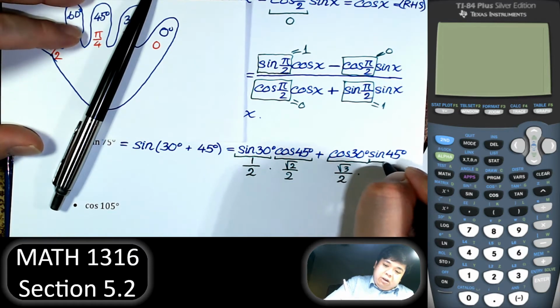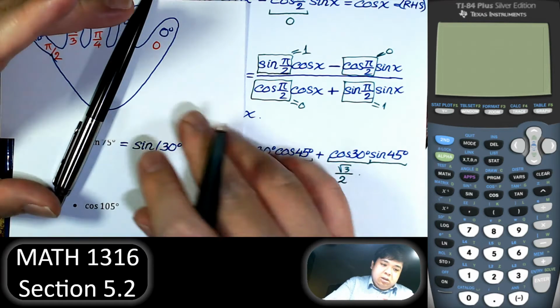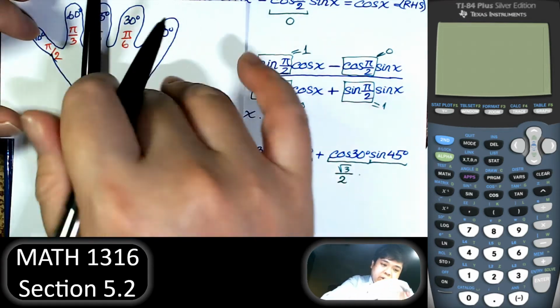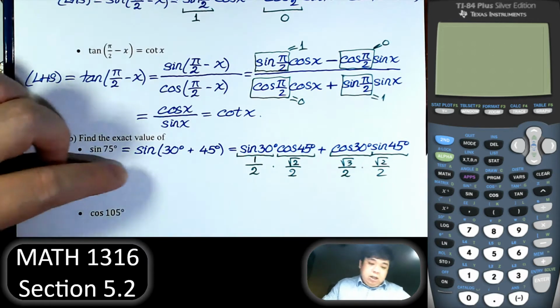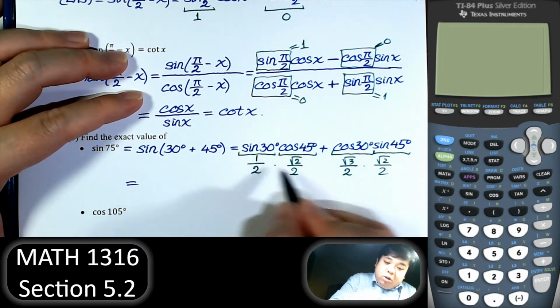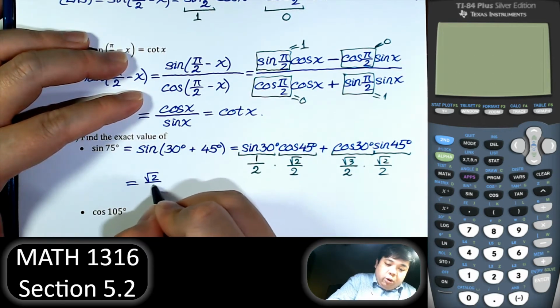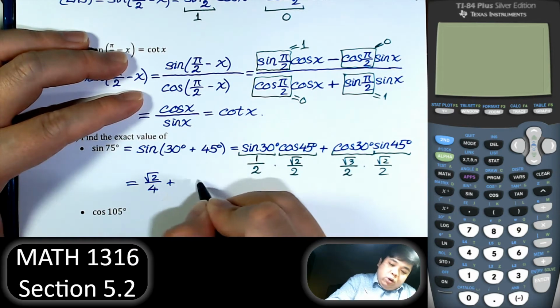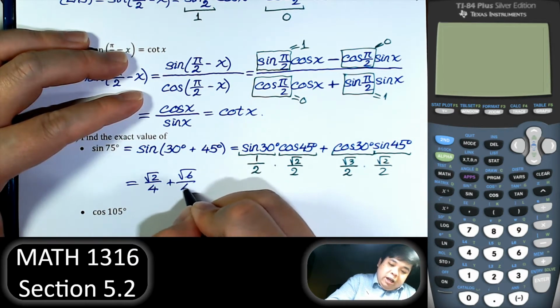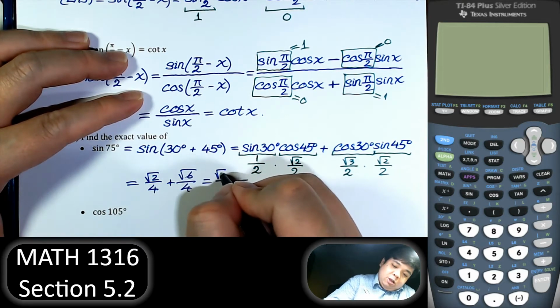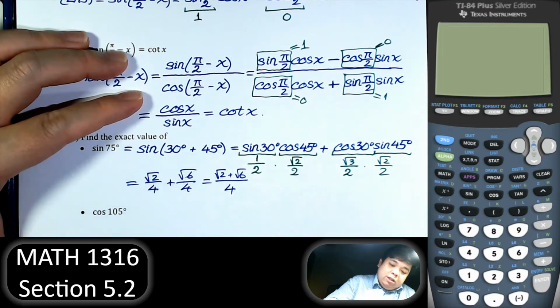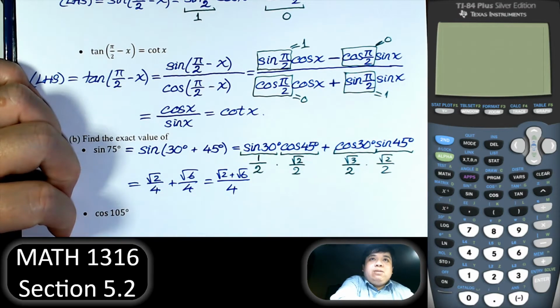And sine 45 degrees, finger on the right, square root of 2 over 2. And then we simplify that. Multiply straight across: square root of 2 over 4 plus square root of 6 over 4, and we can bring both of them under one fraction. Square root of 2 plus square root of 6, over 4. Simple enough.